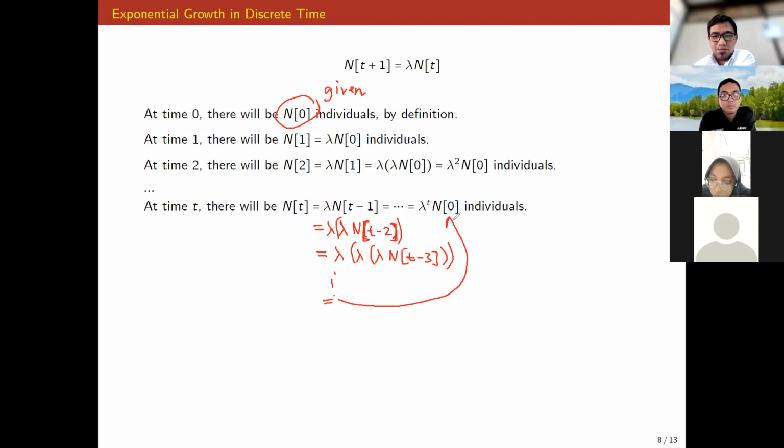Can you imagine this? So this one will be lambda squared, this one lambda cubed, etc., and of course we will have lambda to the power of t. So n_t is equal to lambda to the t times n_0 individuals.